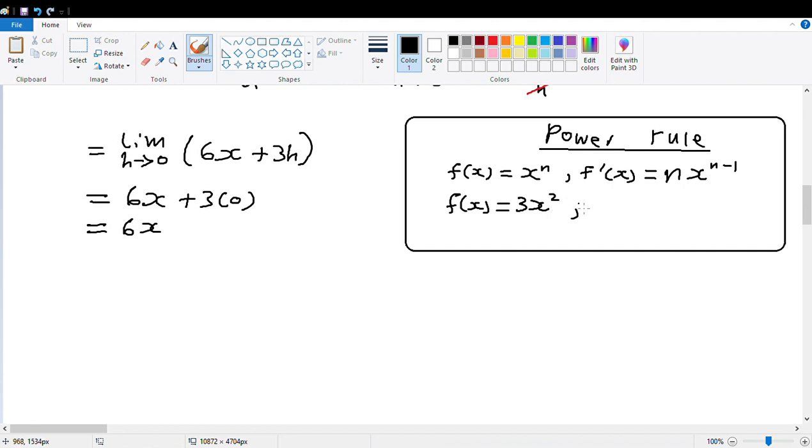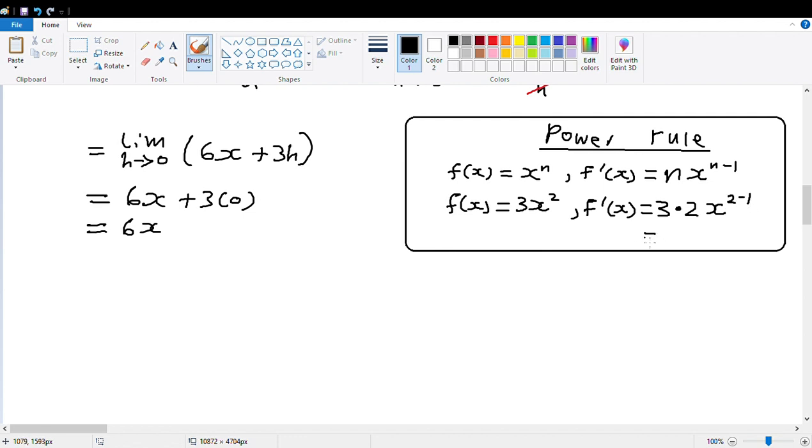Therefore, substituting into this equation, n is 2. So f prime x is equal to, initially we had a coefficient which is 3, then it will be multiplied by this n, and our n for this function is 2, which is the exponent, times x to the power 2 minus 1.